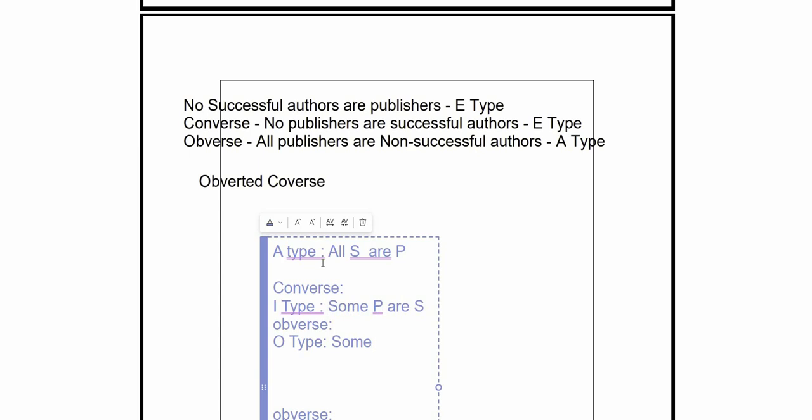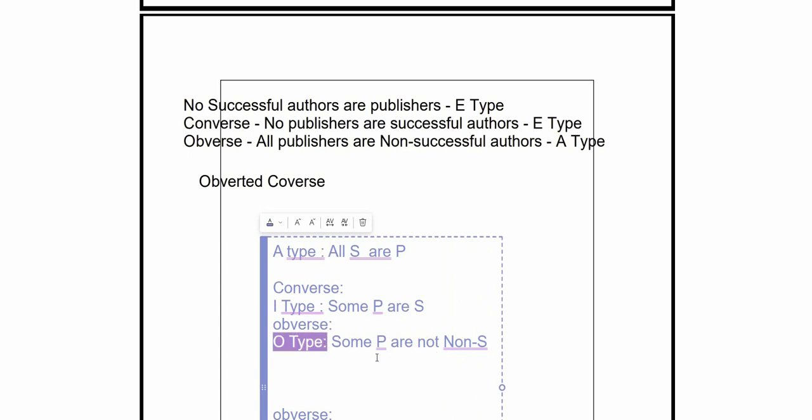but the predicate part is replaced with its complement. So some P are, first you write S itself and then write non-S. And because this is an O type, some P are not also has to be written. So some P are not non-S. The O type states some are not. So this will remain.